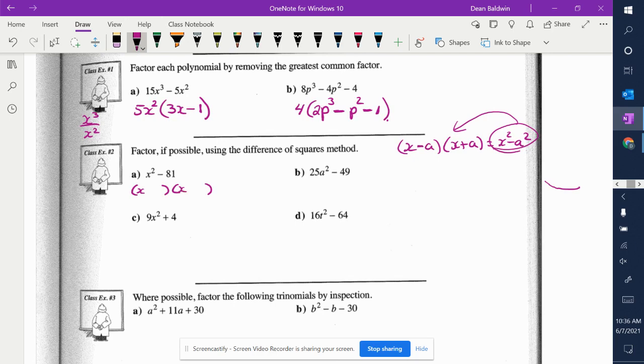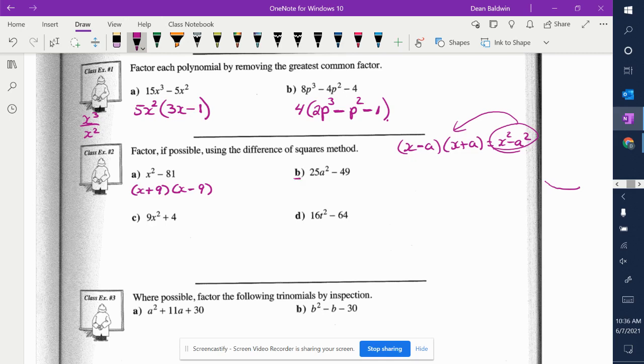And then what's going to be in the second bit? 9. What's the perfect square root of 81? It's 9. One has to be subtraction, one has to be addition. It doesn't matter the order you write them in. That's a difference of squares. Two terms separated by a minus sign. Essentially, you square root each term.